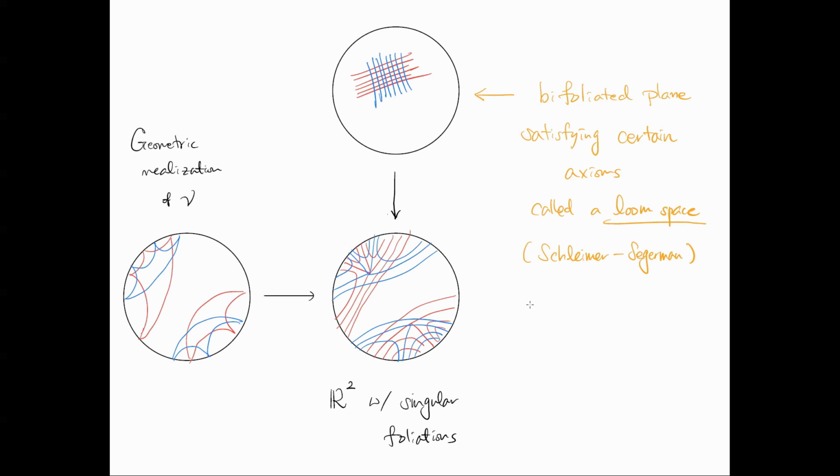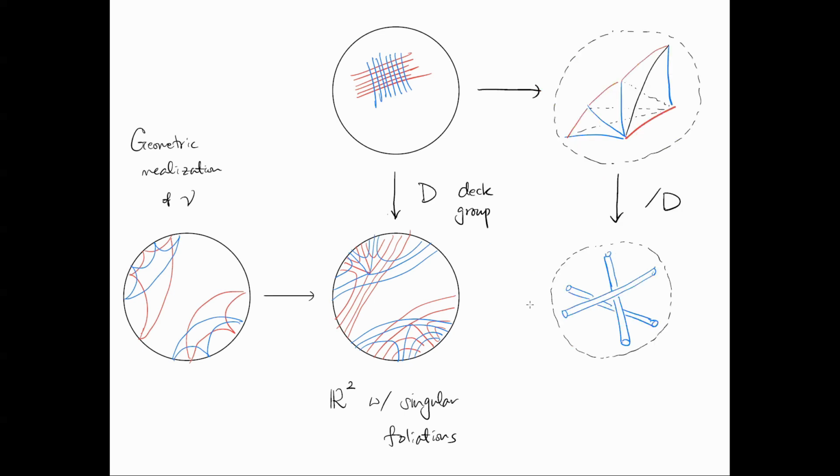So we show that this universal cover, after removing singularities here, is actually a Lume space in the sense of Schleimer and Segerman. And what is a good thing about Lume space is that Schleimer and Segerman gave a way to construct R3 with varying triangulation coming from this Lume space. There is a recipe to construct R3 with varying triangulation.